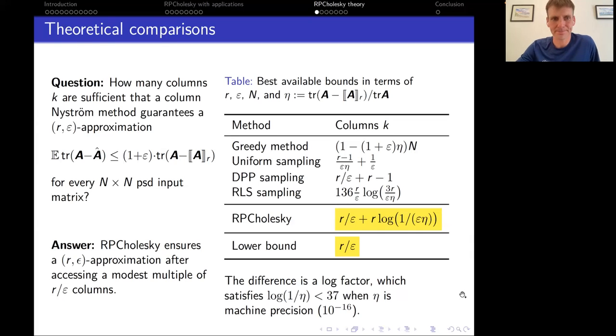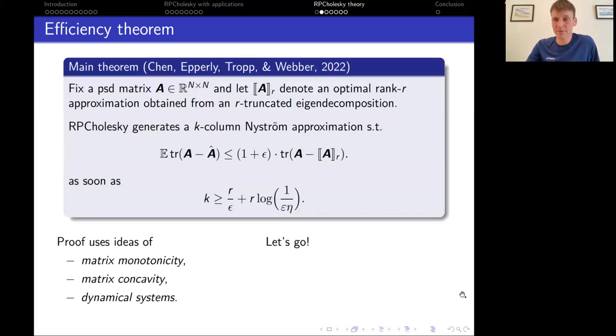So how'd we get this? This was the main result of our arXiv preprint. Fix a PSD matrix, let A sub R be the best rank R approximation from an R truncated eigendecomposition. You get out a K column Nystrom approximation that satisfies the rank R epsilon guarantees as soon as K is greater than or equal to R over epsilon plus R log 1 over epsilon eta.